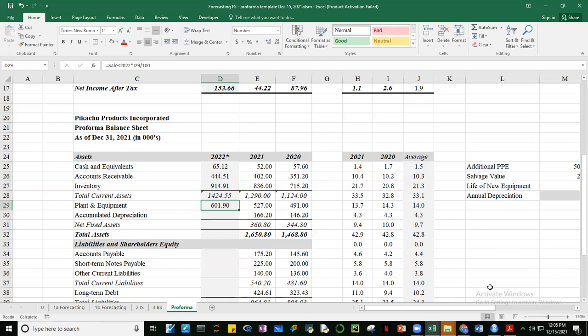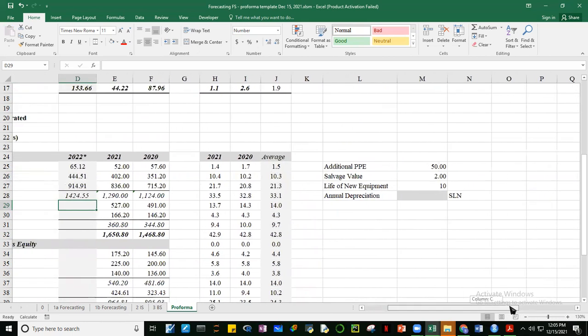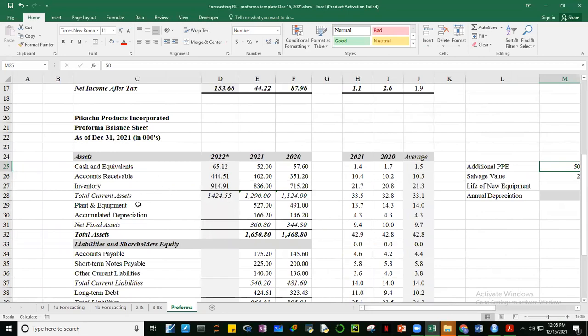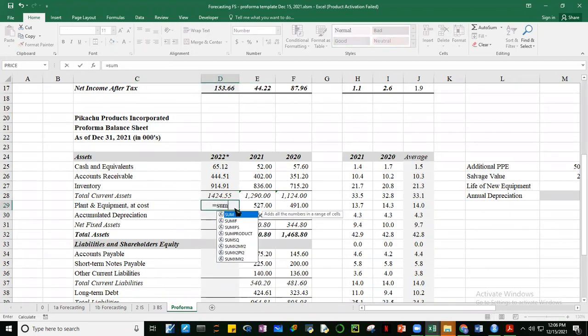So depende guys sa situation. In this case, nag-earmark yung management na magdadagdag sila ng 50 million worth of equipment. So what will happen now is that sa plant and equipment natin, this should be at cost. Kasi may accumulated depreciation tayo sa ilalim, no? At cost. So meron tayong 527, okay? Idadagdag natin yung additional.